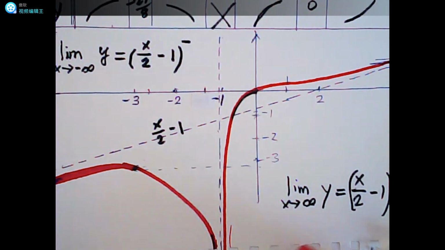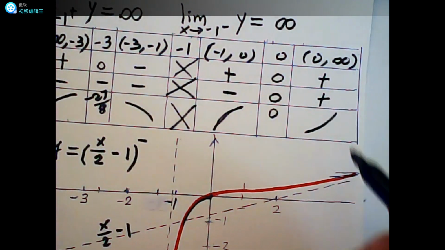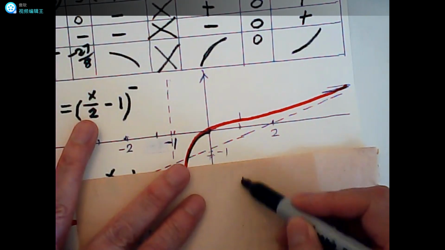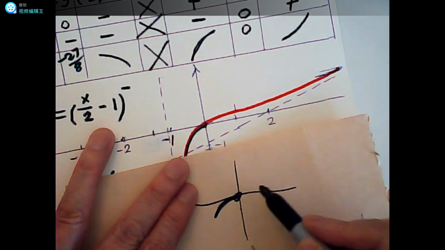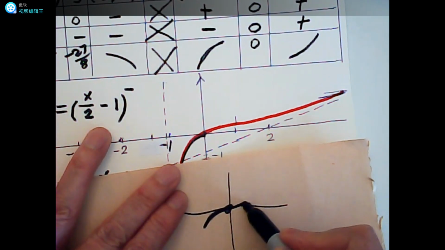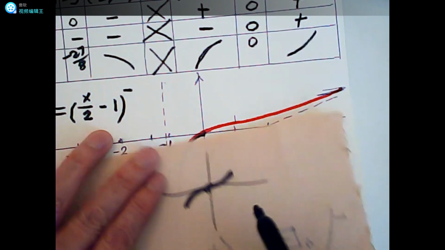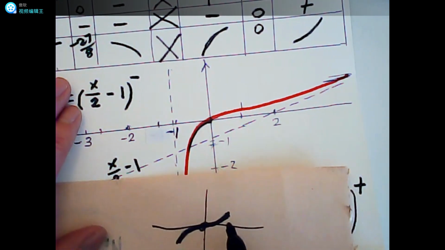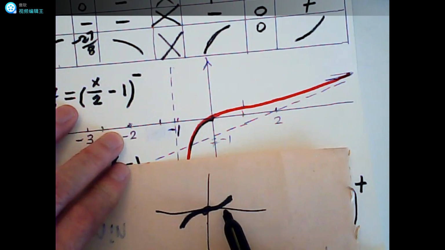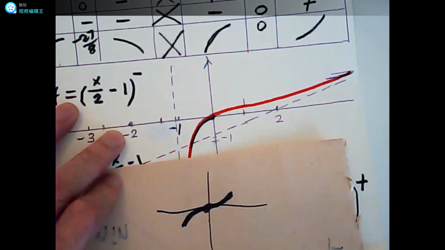Now, let me say something here. Look, the derivative is 0. That means at 0, on the left-hand side, the slope of the tangent is 0, and on the right it is also 0. See, the curve looks like this at 0. On both sides, the slope of the tangent line is 0.